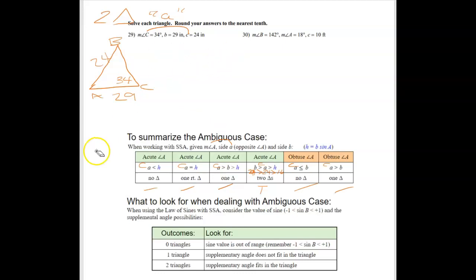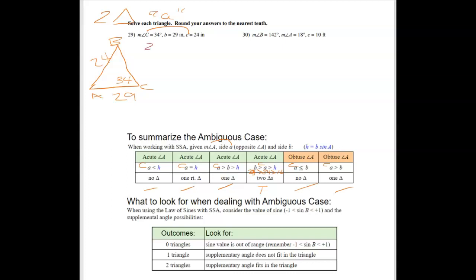Alright, so let's find them. So two triangles. Okay, so we can do law of sines. Law of sines says we have the side and the angle across from it.